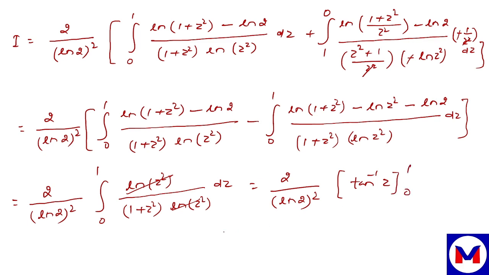At tan inverse 1, this becomes pi by 4, and 2 upon (ln 2) whole square into pi by 4, that is, this becomes pi by 2 into 1 upon (ln 2) whole square.